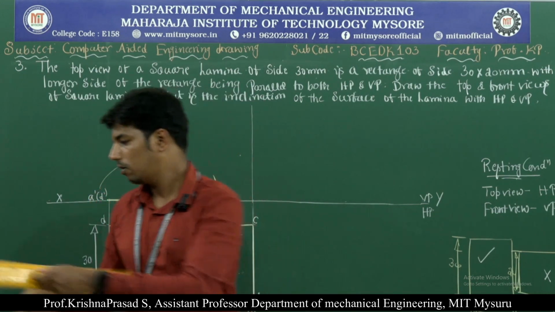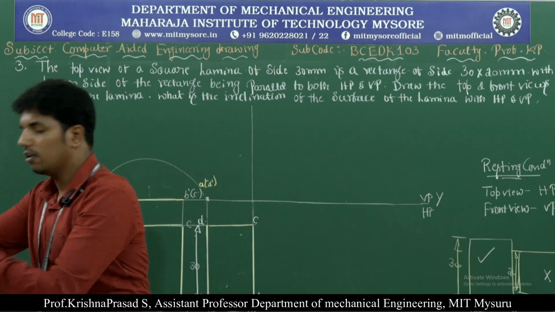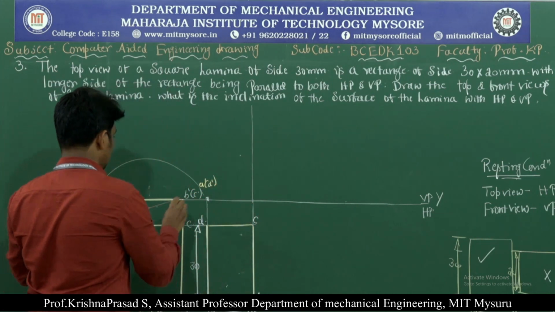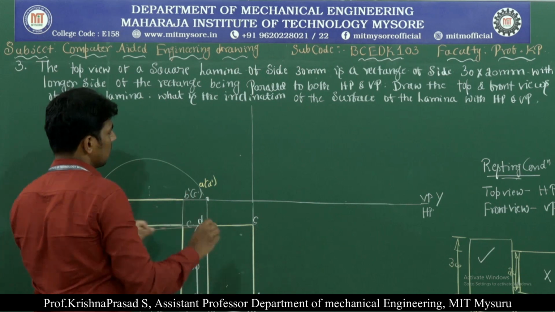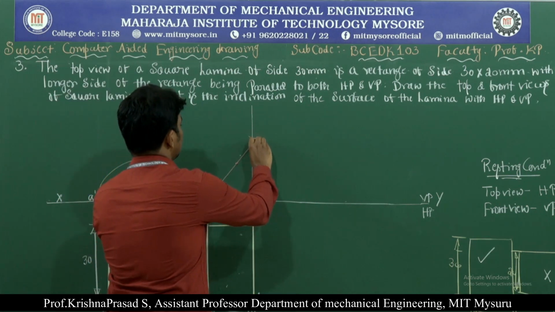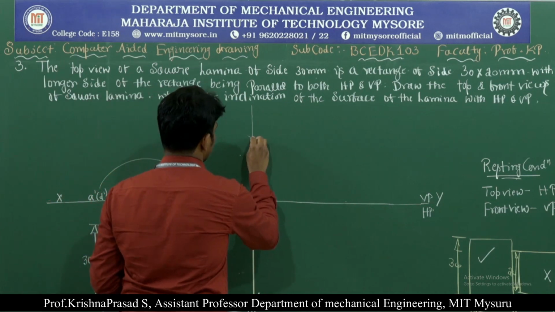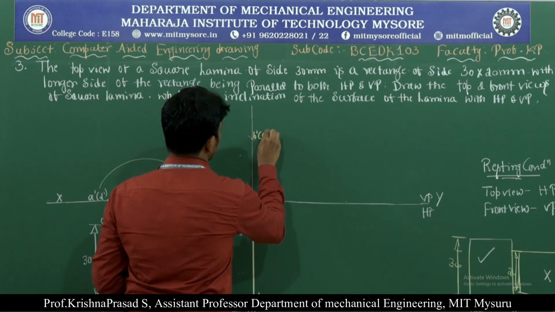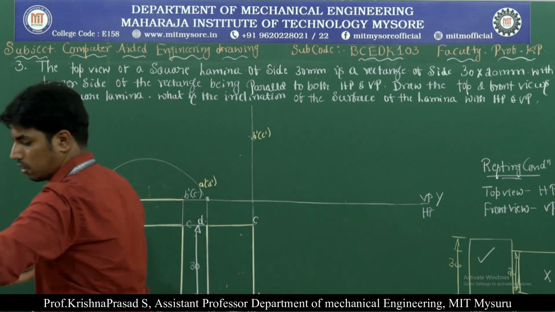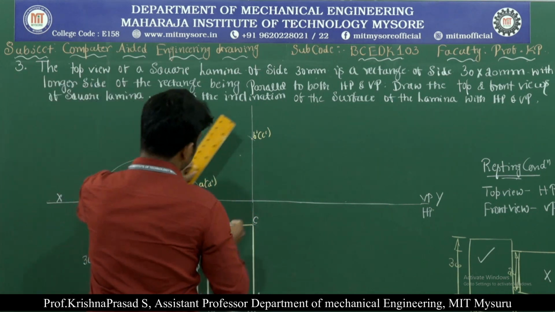Now take the protractor and measure this point and mark it here. So this is called B dash in bracket C dash, and complete this line.